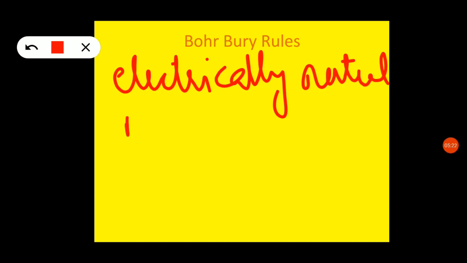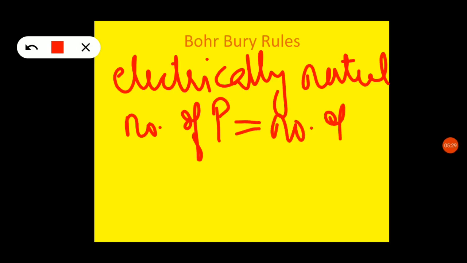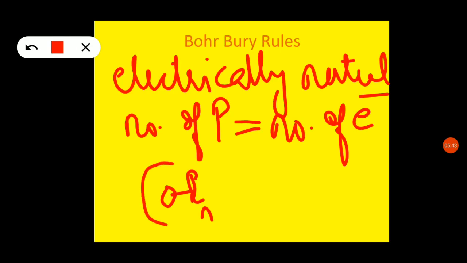That is, the number of protons is equal to the number of electrons. In the center of the atom, the nucleus is present, and in the nucleus you have protons and neutrons, and in the orbit electrons are revolving.